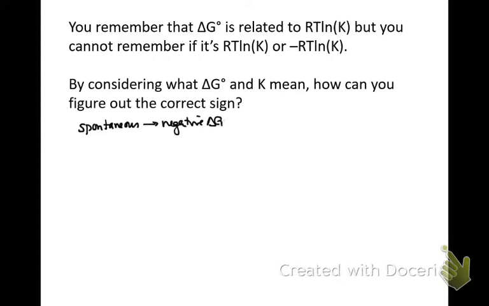And we also said that something that is more favorable on the product side, that goes closer to completion, more to the products, is a large K. Or put another way, 10 to the large power.